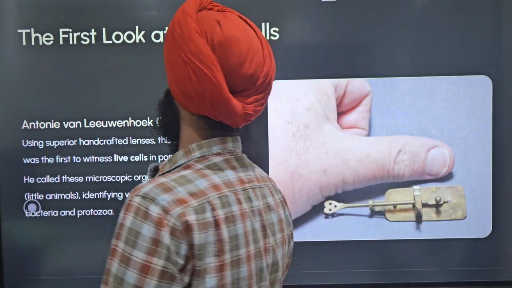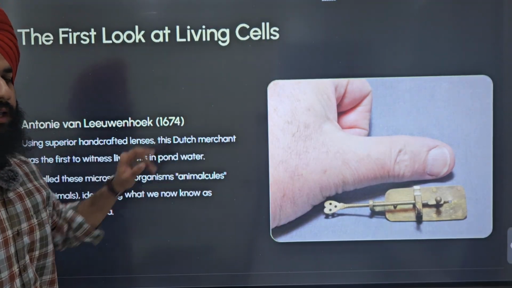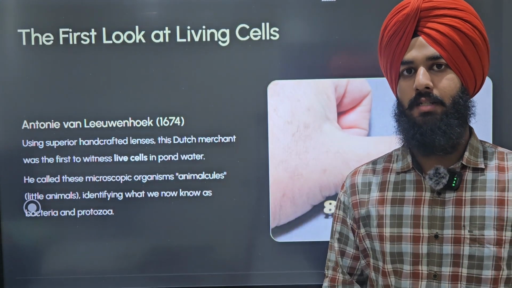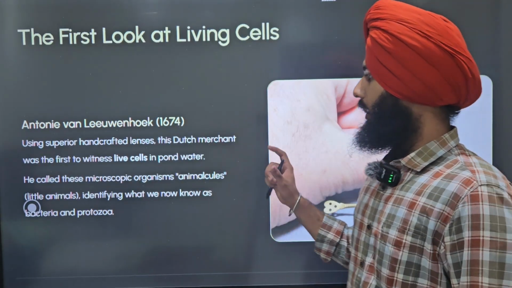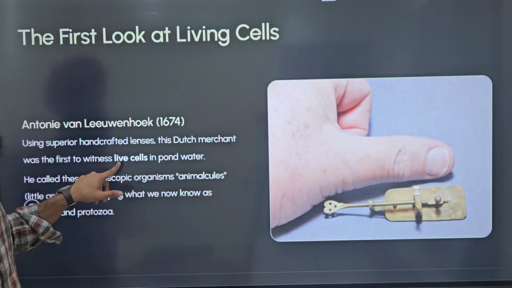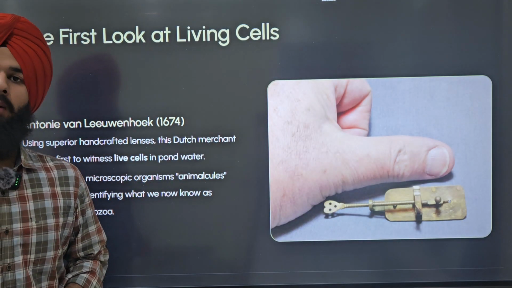Eventually, the first look at a living cell came from Antony von Leeuwenhoek. He used specialized handcrafted lenses with which he was able to see the living cells within a pond.